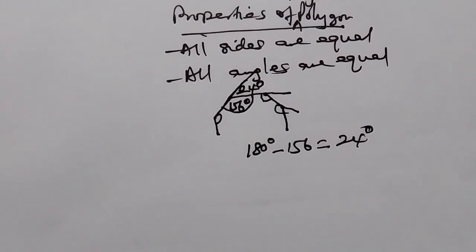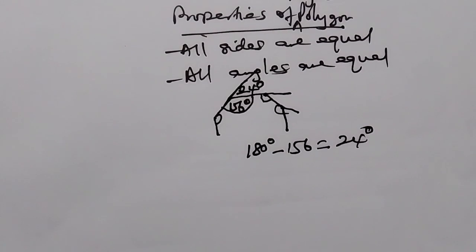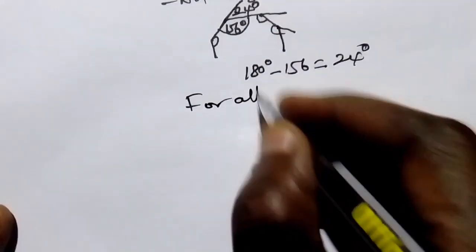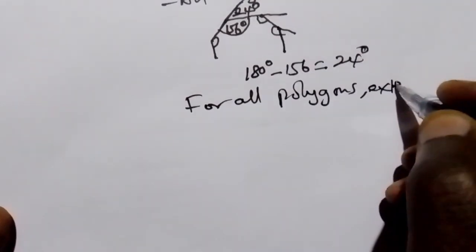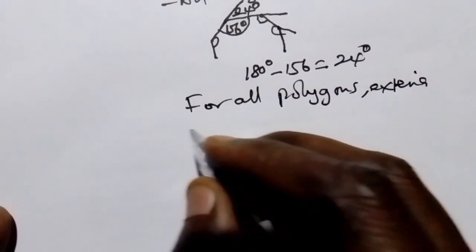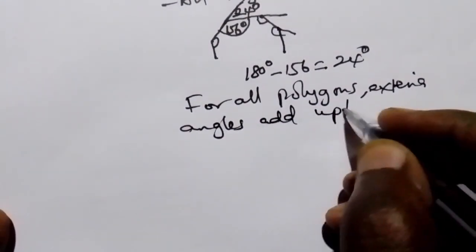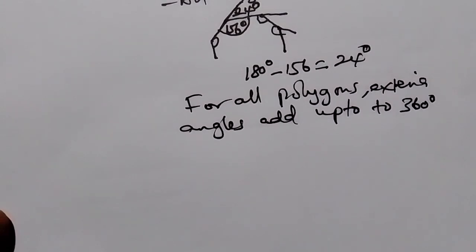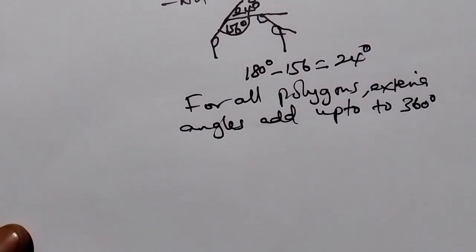We know from the formula that for all polygons, exterior angles add up to 360 degrees.